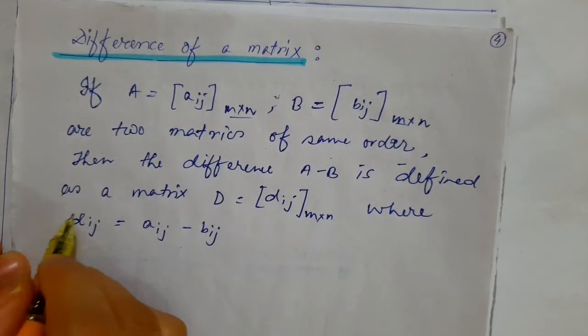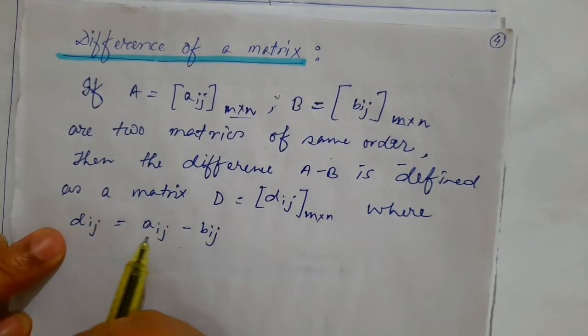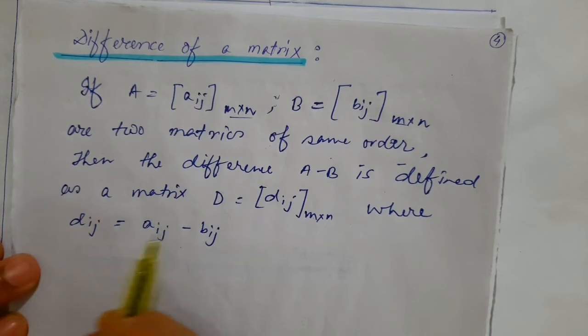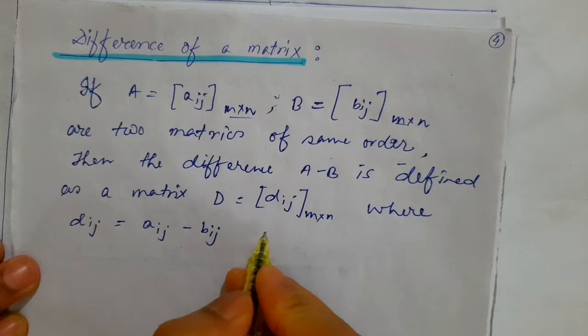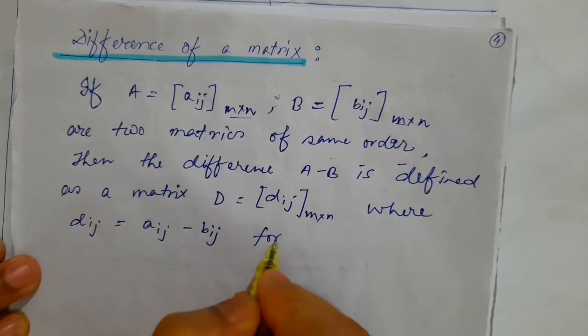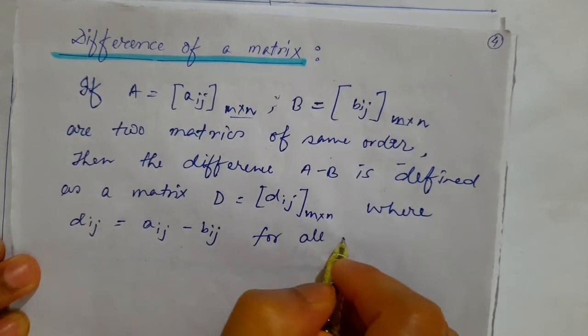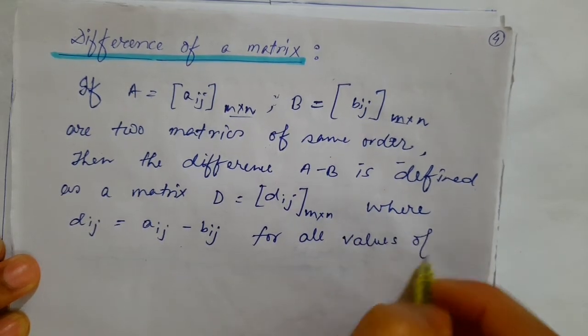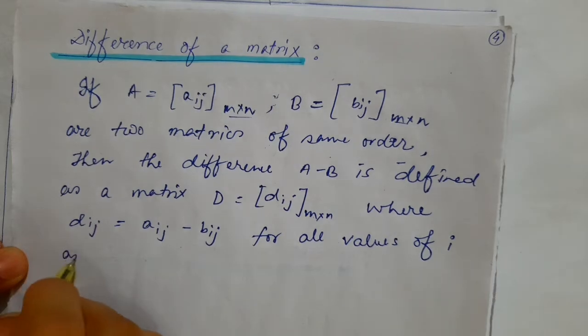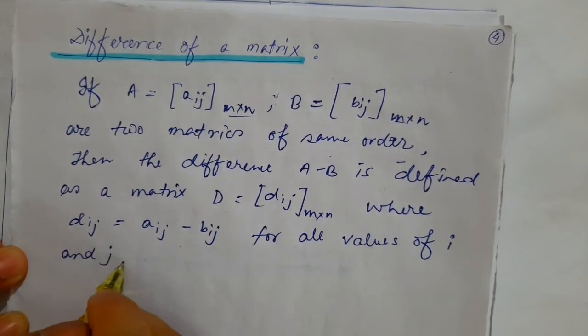We get the elements of matrix D by subtracting B from A, for all values of i and j.